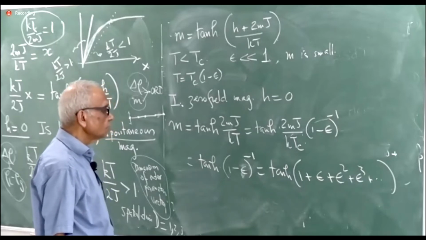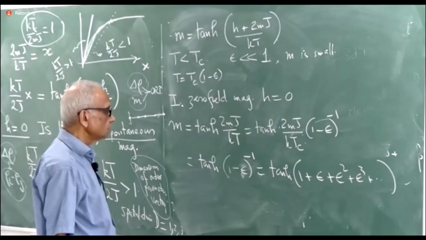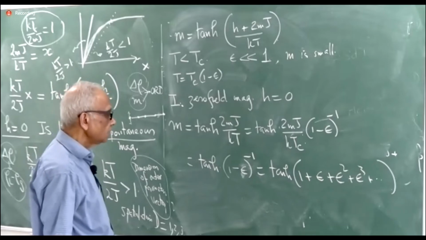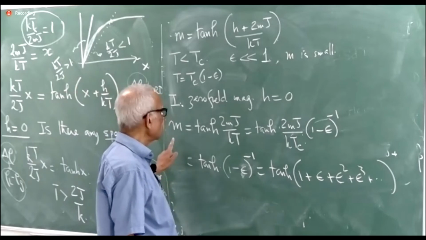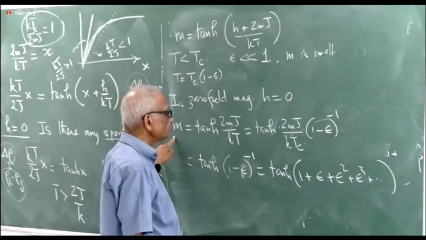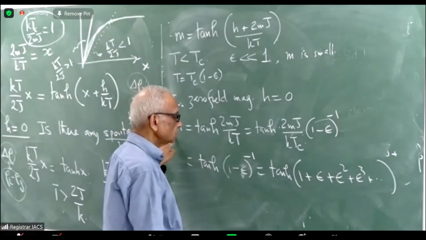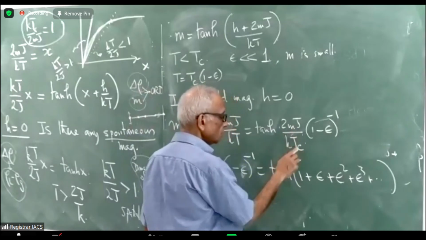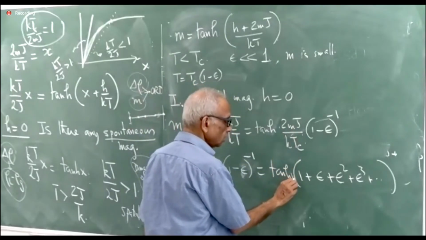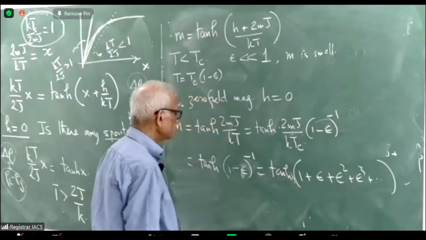Sorry, no. Where did I? Yes, right. It's TC, and M is equal to 2mJ... no, it is Mr. M. Mr. M. So here we are.